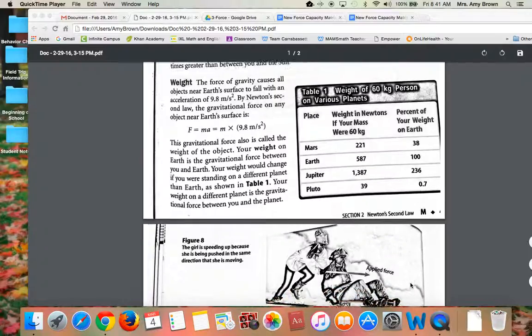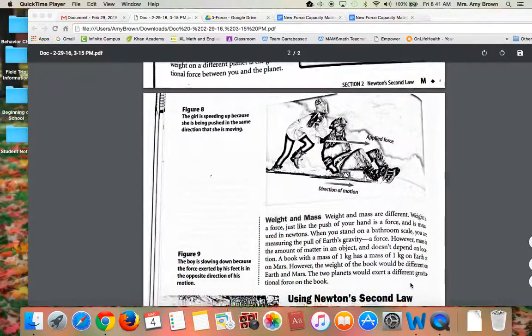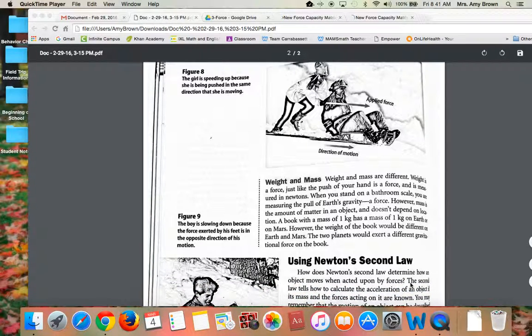Now we're going to scroll down and talk about weight and mass. Some of this we have already talked about in class, but it's a refresher. Weight and mass are different. Weight is a force just like the push of your hand is a force and is measured in newtons. When you stand on a bathroom scale, you are measuring the pull of Earth's gravity, a force.